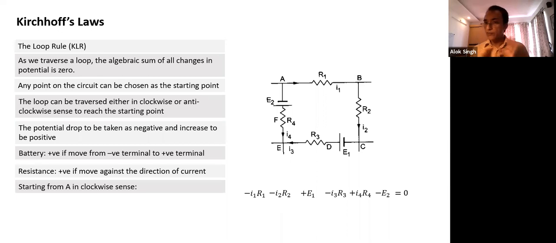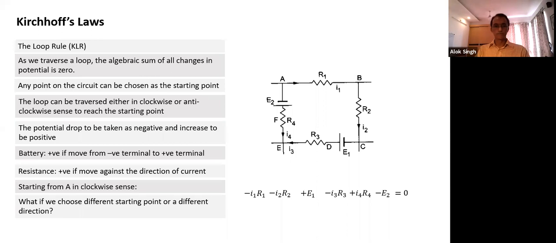If it is not given, you have to assume it and solve the question based on that assumption. What will happen if the direction of current you assumed was not correct? The final answer will come out negative. So you don't necessarily have to guess it right. You need to make an assumption and follow it properly when you apply the equation. We'll see some of those applications.